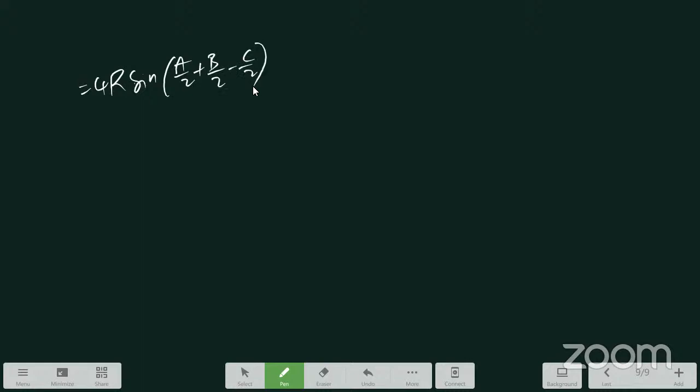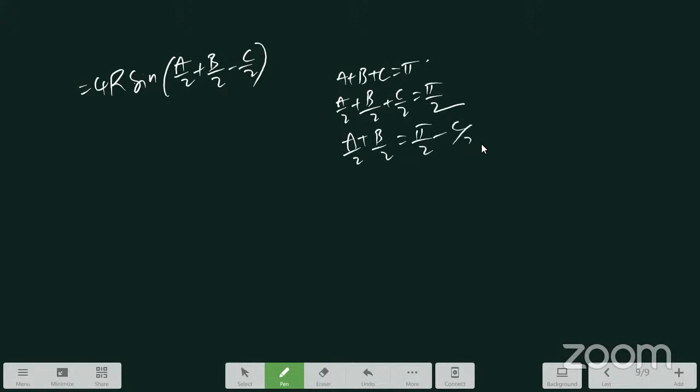Now what do we know? A plus B plus C is pi, then A by 2 plus B by 2 plus C by 2 is nothing but pi by 2. So A by 2 plus B by 2 is nothing but pi by 2 minus C by 2.